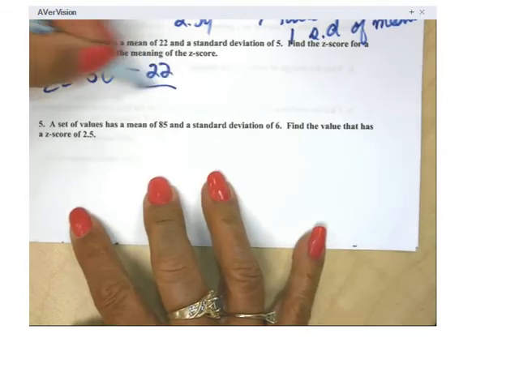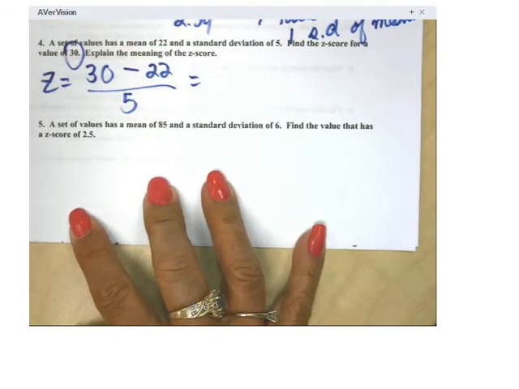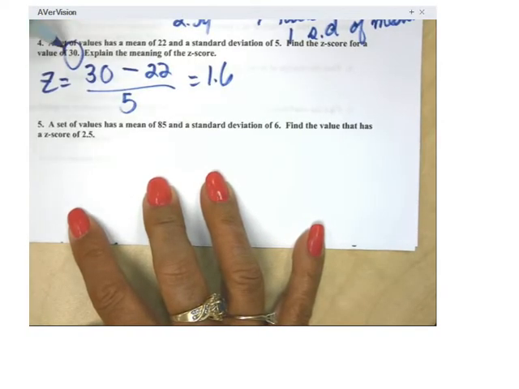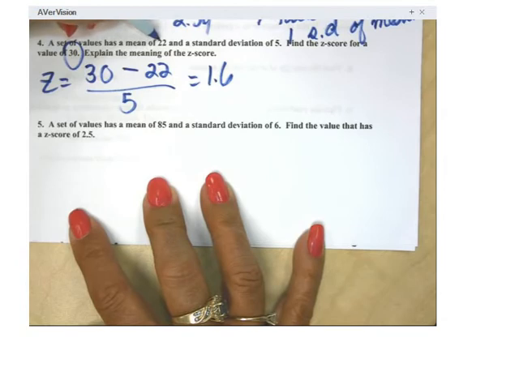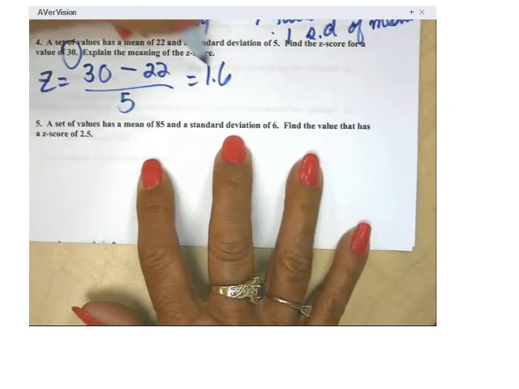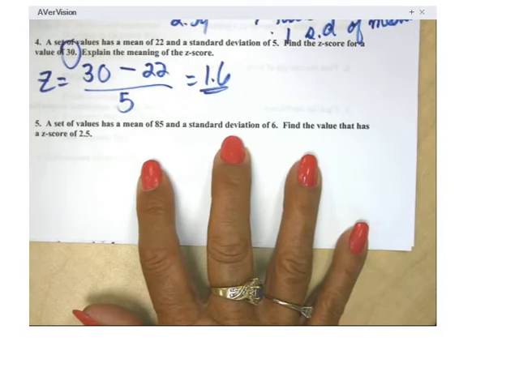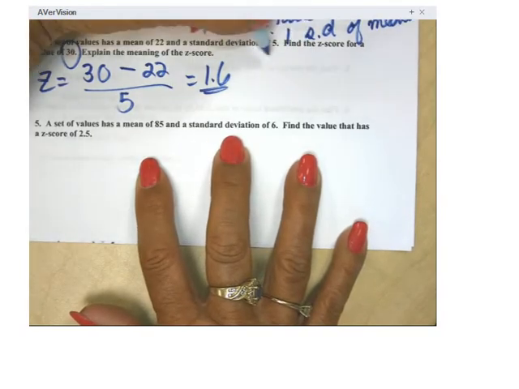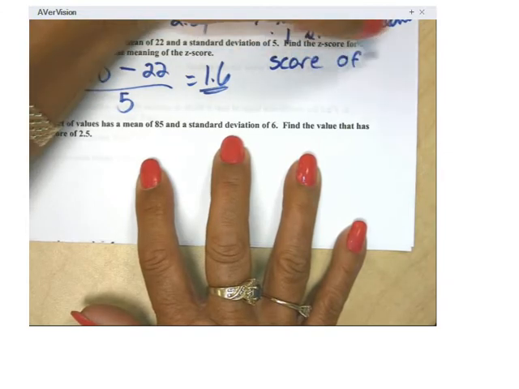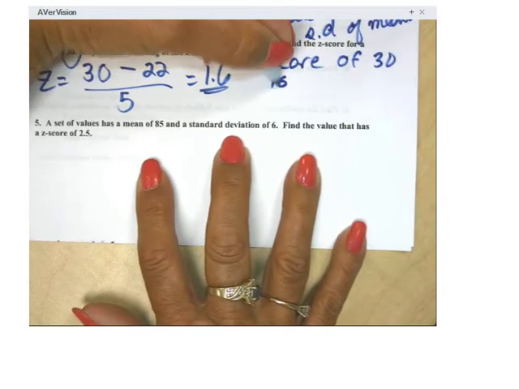And then I have a set of values with a mean of 22 and a standard deviation of 5. Find the z-score for a value of 30. Explain the meaning of the z-score. Again, we know the mean and the standard deviation, so it's z-score, and we want to find what a value of 30 is. 30 minus the mean divided by the standard deviation. The middle value, or the average, is 22.